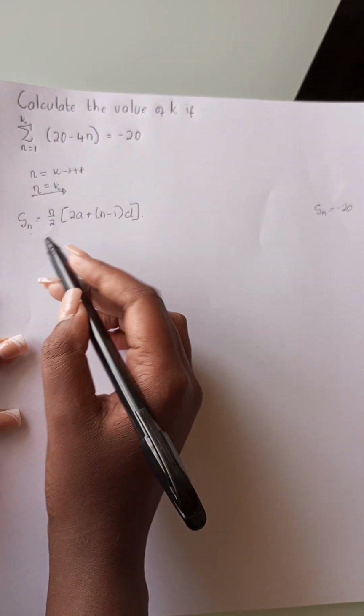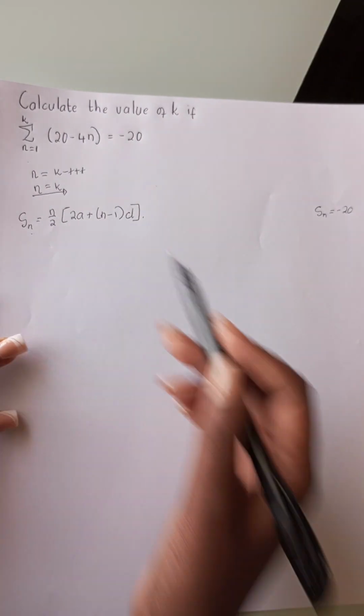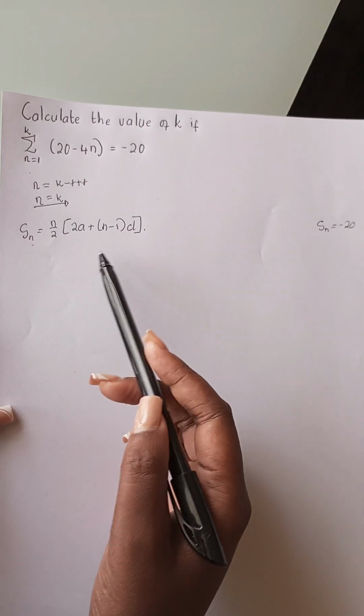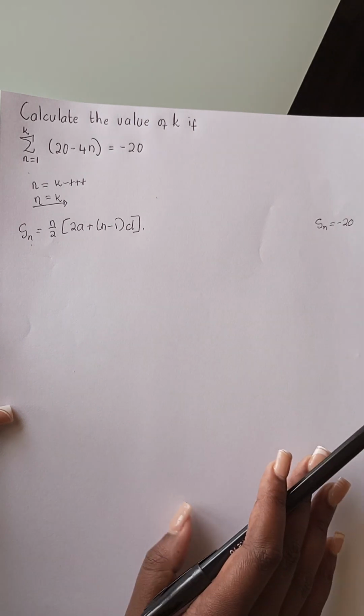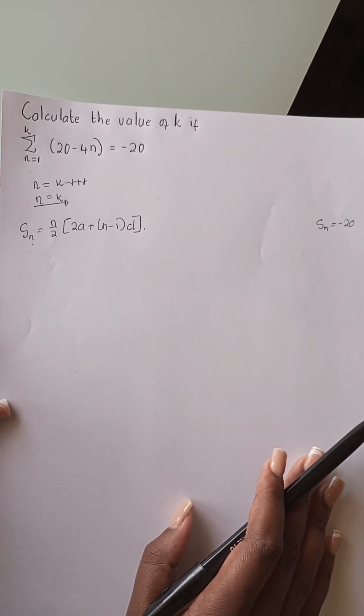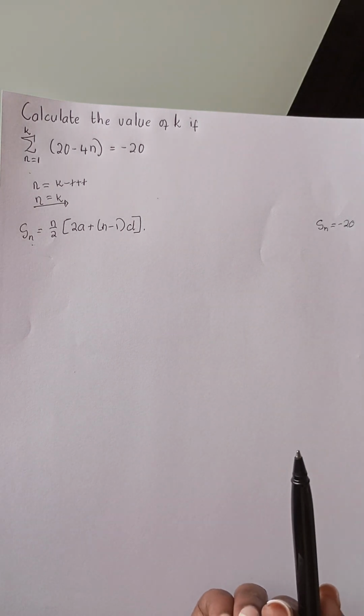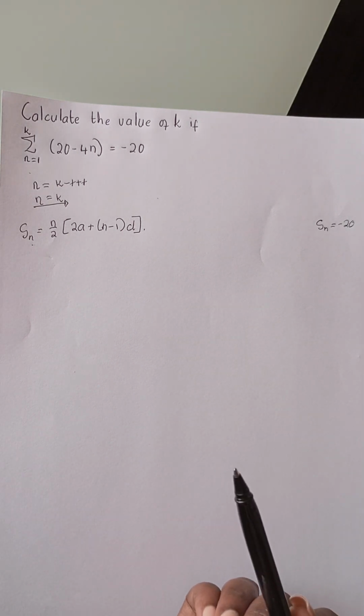Okay? And then we also need to know n. N in this case is our unknown. It's what we're trying to find. And then we have a. A is term number 1 of the series, right? Do we have it? No, we don't. Can we find it? Yes, we can.